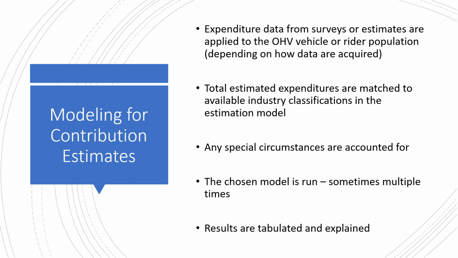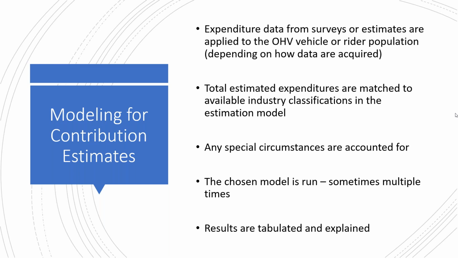And whether you do that to vehicles or whether you do that to riders depends on how you collect your information. We collected information by vehicle, and the reason we picked vehicles is we had some official numbers on vehicle numbers. You've got registration information, you've got title information. So if you ask all of your information on vehicles, you've got a solid foundation to take that back to.